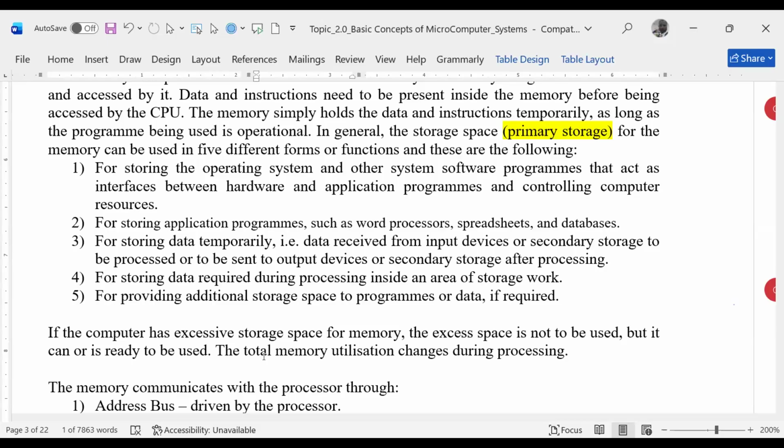The next one: provide storage for data. The moment you type something from the keyboard, it doesn't mean that it's stored permanently on the hard disk. No. The memory provides temporary storage for anything input by the user.